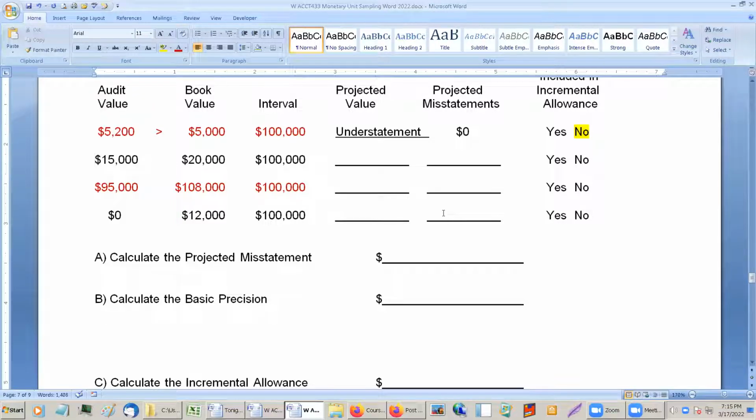Okay, second one is a kind of normal one. 15,000 divided by 20,000 times 10,000 equals our projected value for that, which is 75,000.